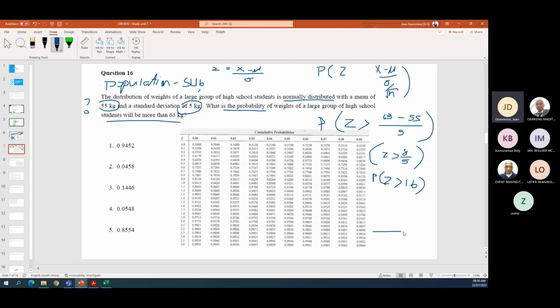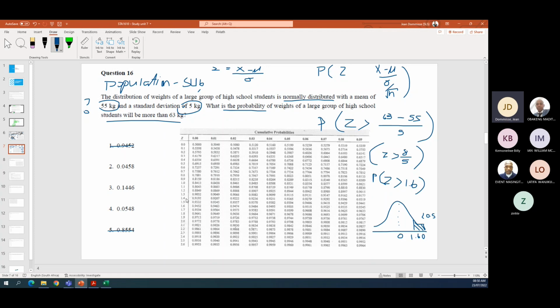So again, if we do the normal distribution, 0 there, 1.6, we're going to go bigger than 1.6. So that means, again, that area will be smaller than 0.5. So if I want to cancel out anything, that will be gone.